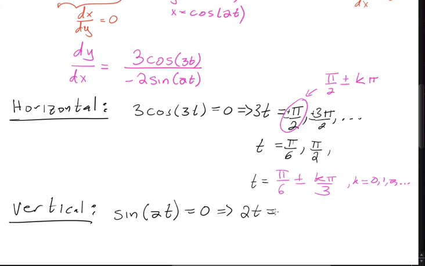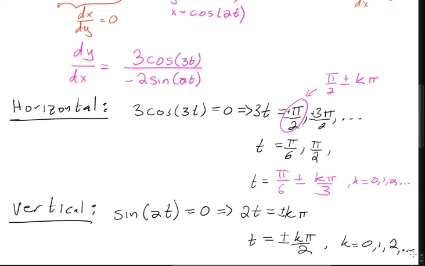Multiples of pi, right? Yeah, k pi, plus or minus. So then that means that t is equal to plus or minus k pi over 2, right? For k equals 0, 1, 2. Does that make sense?